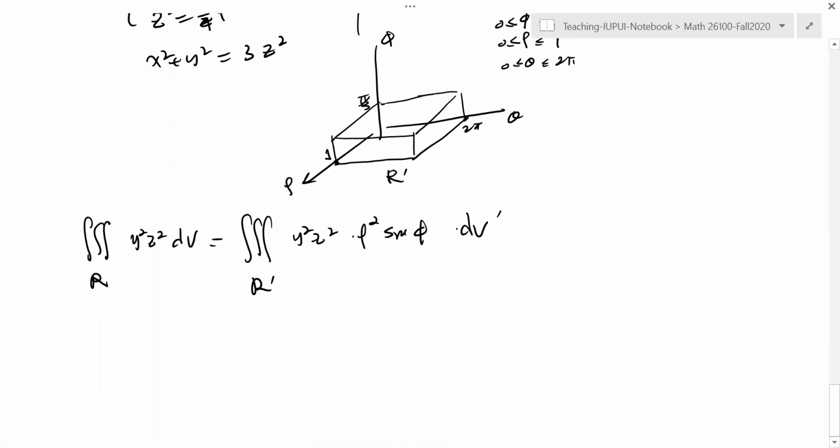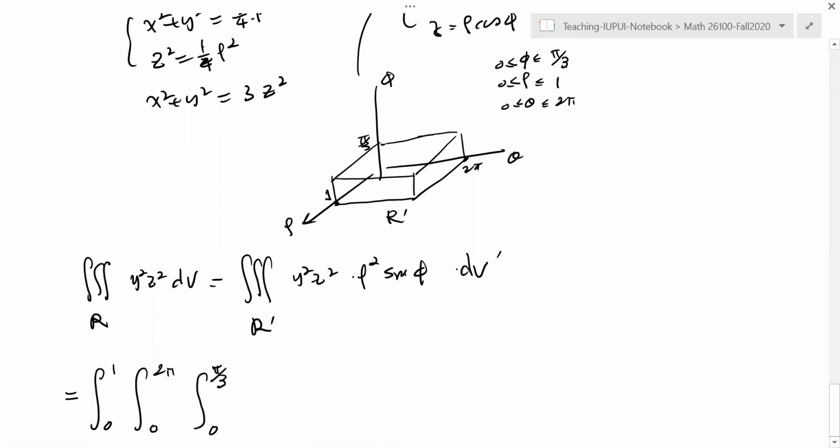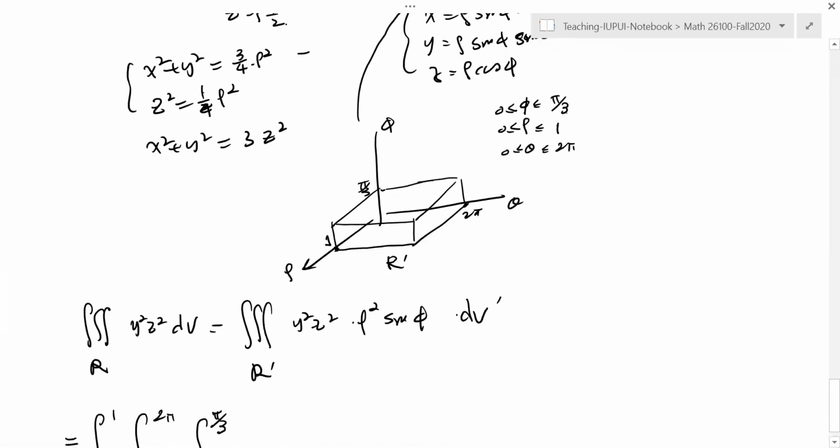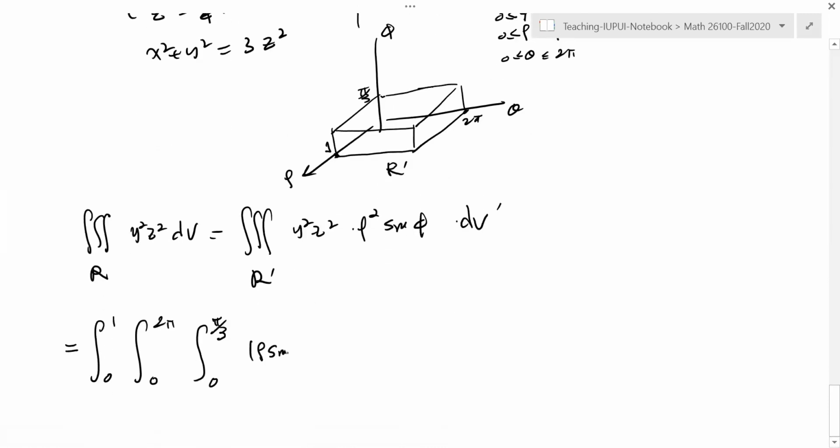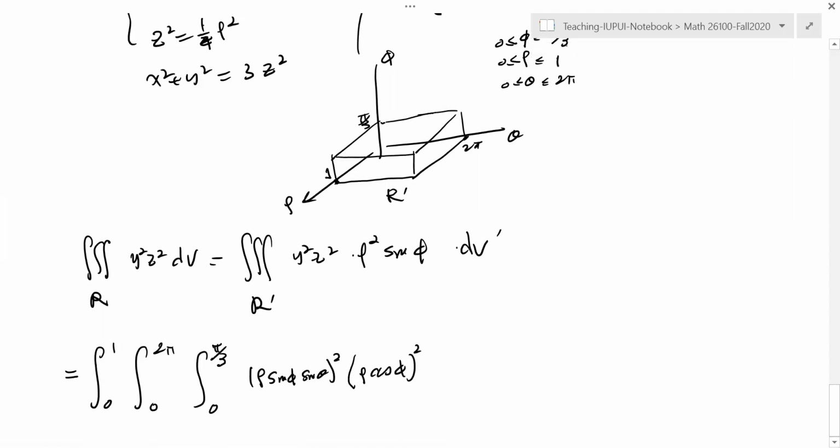So this is a triple integral, and it doesn't matter which one is first. Rho is from 0 to 1, theta is from 0 to 2 pi, and phi is from 0 to pi over 3. So y squared is (rho sine phi sine theta) squared, and here (rho cosine phi) squared for z squared.